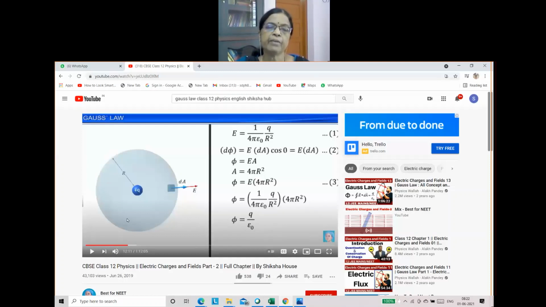If it is free space, we take this; if another medium, we have to take epsilon. Understand? The definition is given with free space as the medium. So we got the equation: flux phi, the total flux passing through the closed surface, is equal to Q by epsilon 0. This is Gauss's theorem, the mathematical equation. Okay, children? So, we can go to our notes now.